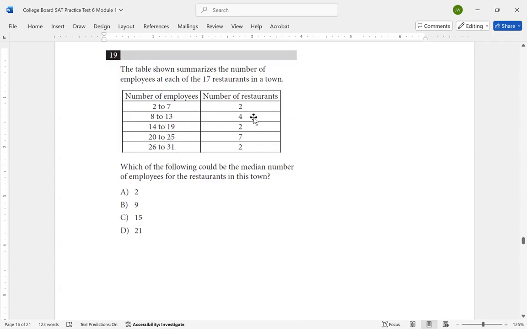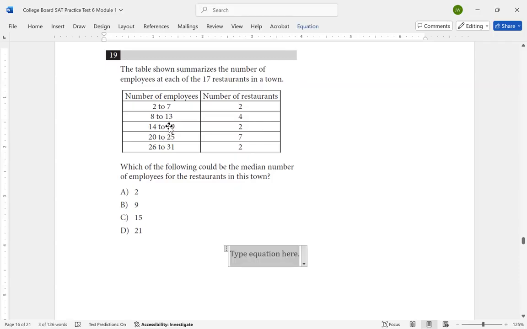Now, I'm going to do a little bit of a hack. We're going to find the median in this scenario. And the way I'm going to think about this is, since there's between 2 and 7, just think of all of the values between 2 and 7, and we'll use one value to represent that.